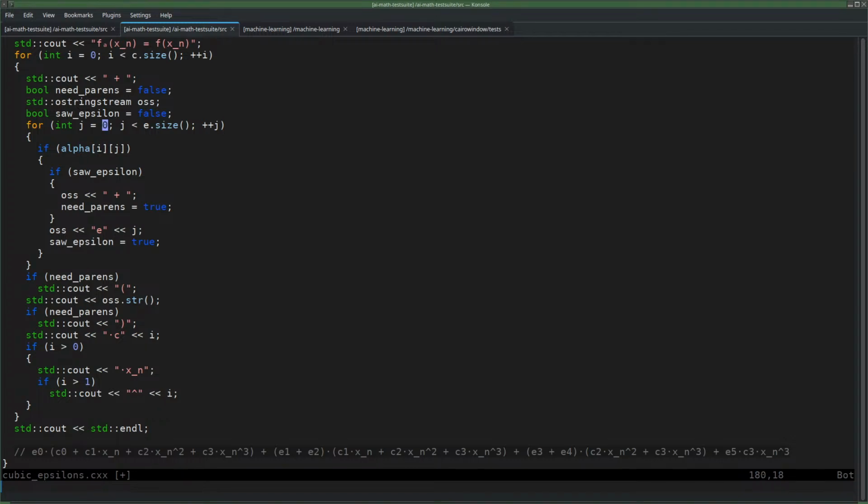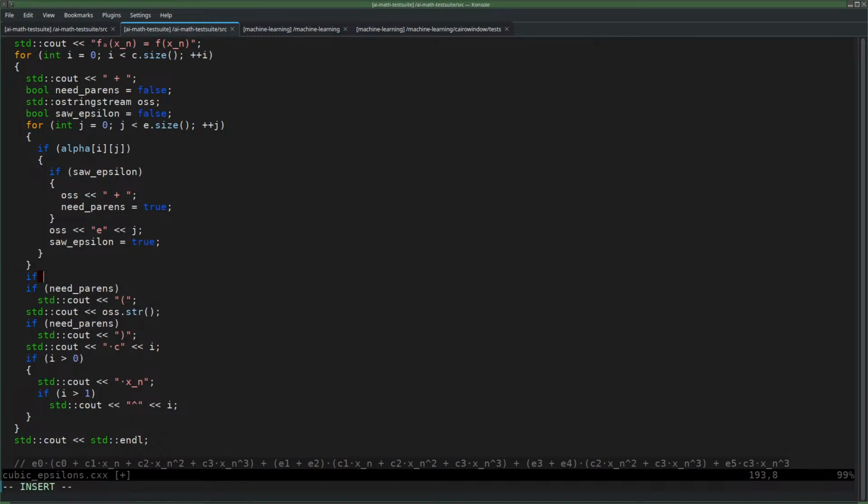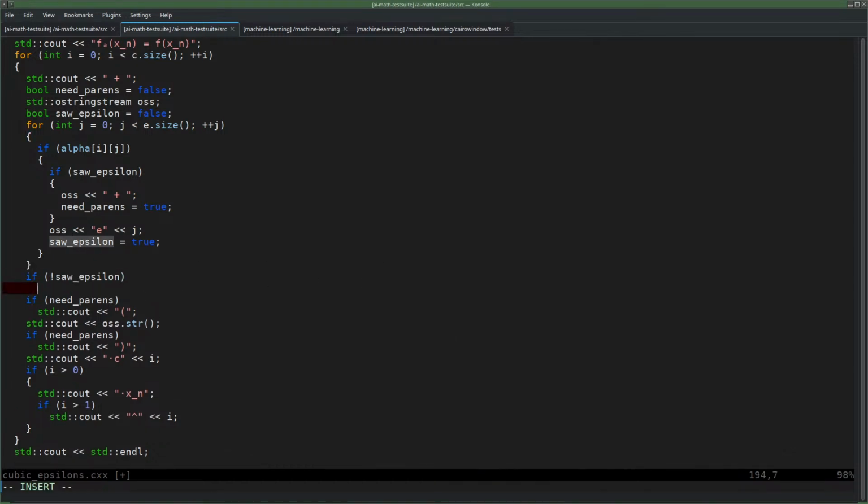Well, they're all 0, so this is never true, which means epsilon is not set. If epsilon is not set, I should not print any of this, including that. Well, that's easy, no? So if not so epsilon, then I just continue.